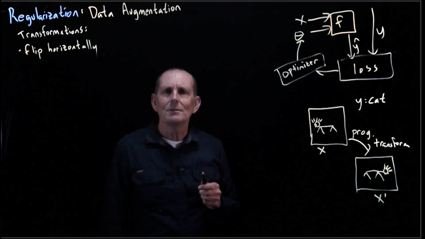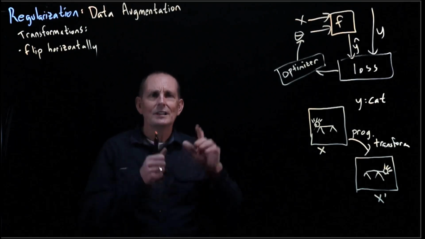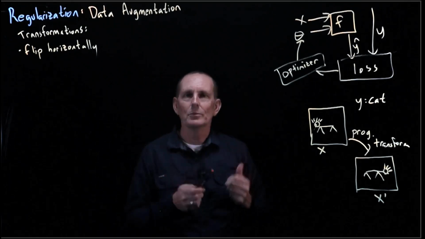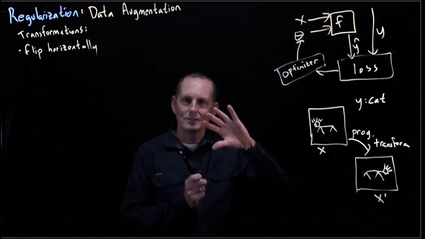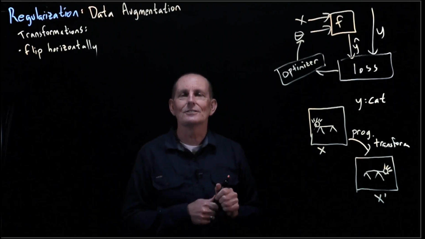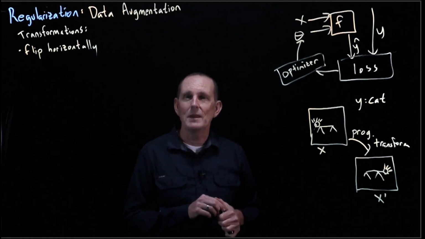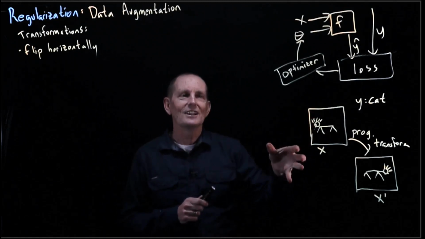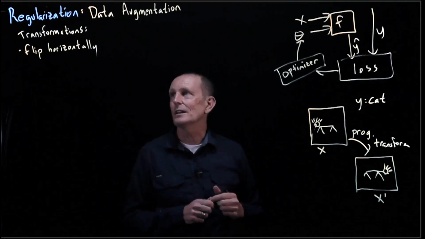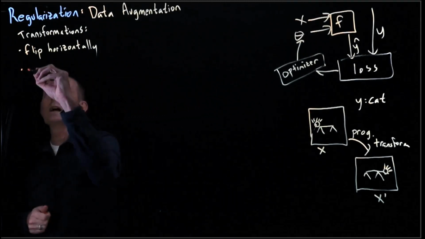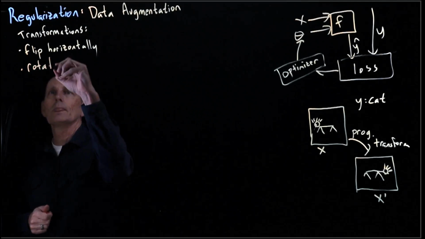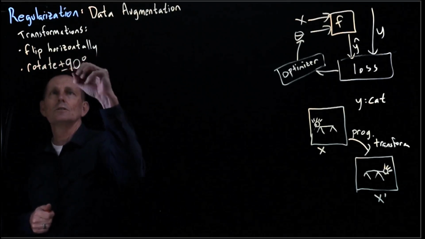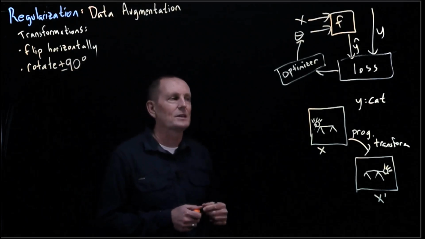Maybe. Certainly sometimes people take photos in portrait or landscape mode, and when you import it into your photo album, it's 90-degree rotated, and you have to rotate it to be right. So out in the wild, we could definitely see cat images that are rotated 90 degrees to the left or rotated 90 degrees to the right. So we can imagine rotating plus or minus 90 degrees is a possibility.